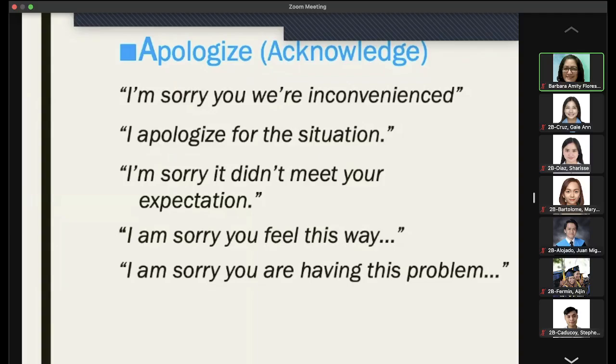But if you had nothing to do with it directly or you're not directly the cause of the problem, you may want to just acknowledge that the patient went through something or the patient took things the wrong way. So you may want to say, I'm sorry you were inconvenienced. I apologize for the situation. I'm sorry it didn't meet your expectation, or I'm sorry you feel this way, or I'm sorry that you are having these problems.